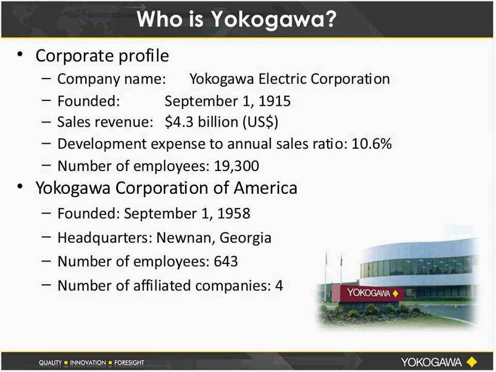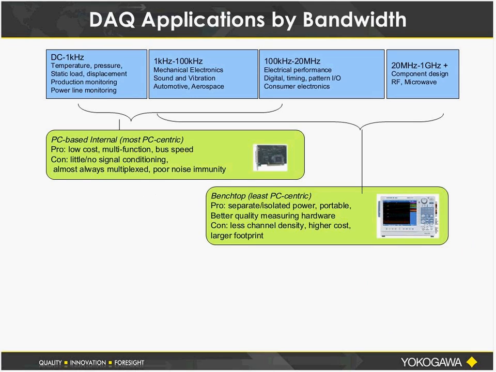All right, speaking of data acquisition, depending on your application, you may look at it by bandwidth. Maybe you are doing low-speed data acquisition, which I consider in the DC to kilohertz type of range, and maybe you're looking at mechanical sensors, things like temperature or pressure, physical sensors, or maybe mechanical electronics in the sound and vibration area.